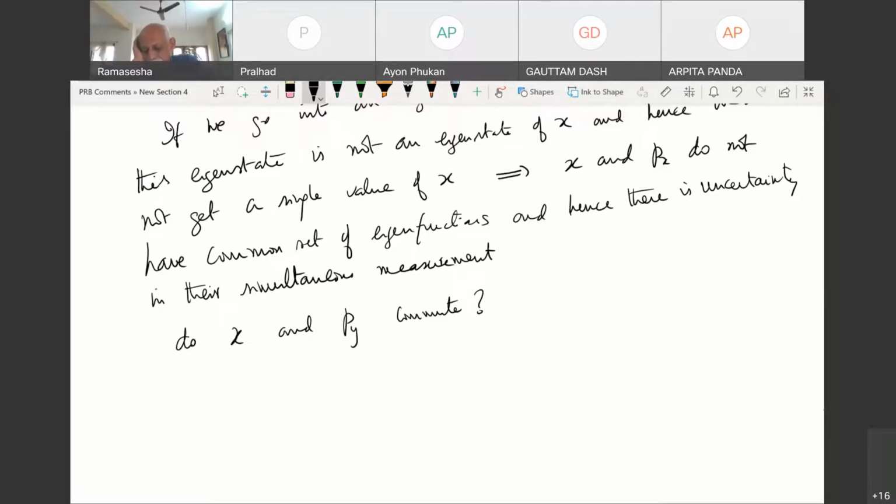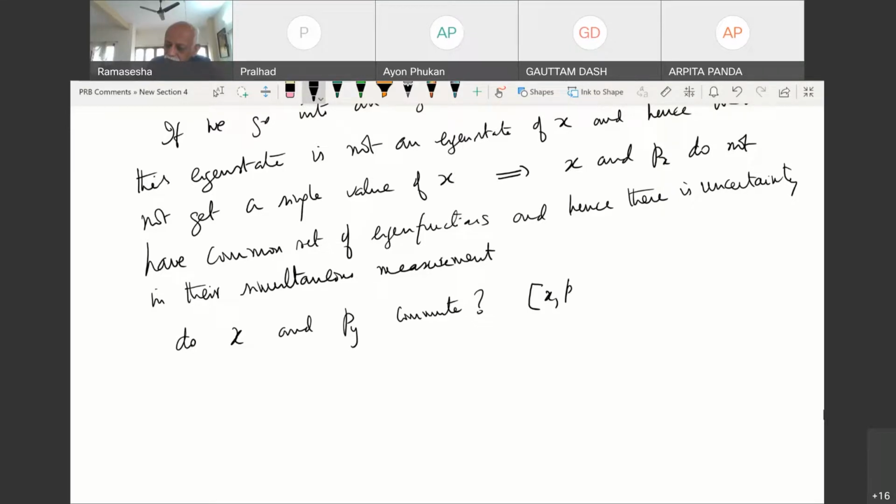We can say that a state which is an eigenstate of Py will be an eigenfunction for the X operator as well. So we can simultaneously measure the position along the X-axis and the momentum along the Y-axis without any uncertainty, because X comma Py is equal to 0.